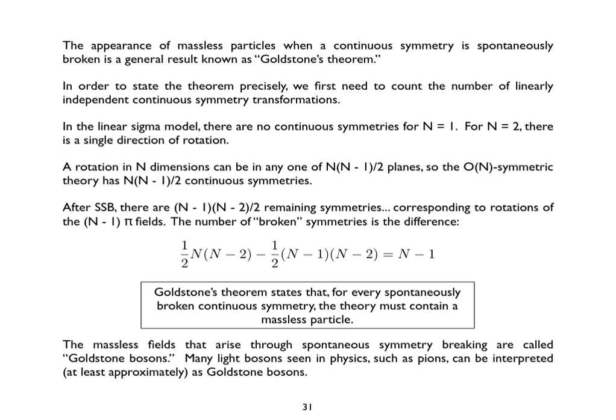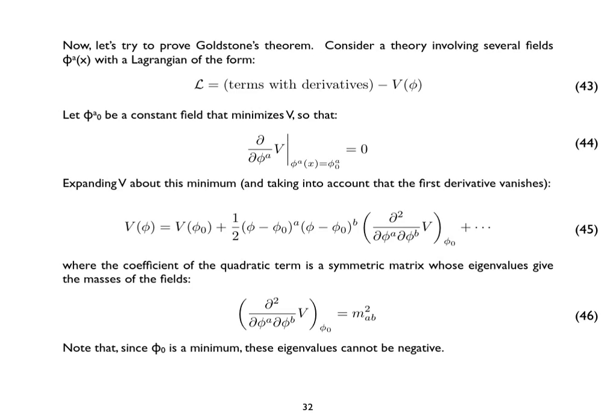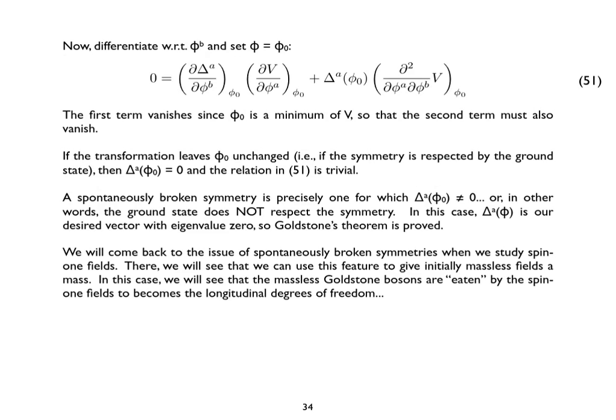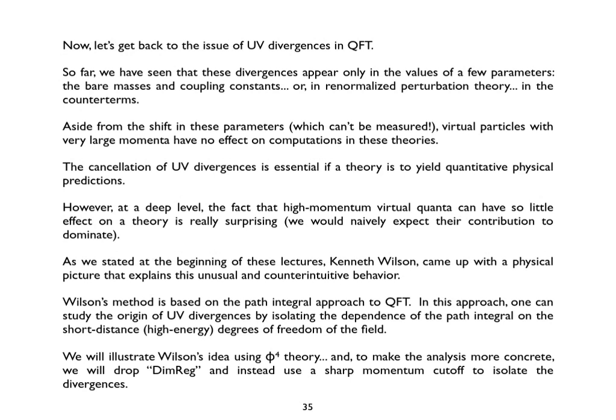Okay, we'll see how it works, but that's the importance of Goldstone bosons. And this is just a proof. I'm not going to go through it because it's not that important. Okay, let me take a 2-minute break and get a drink of water, and we'll pick it back up.